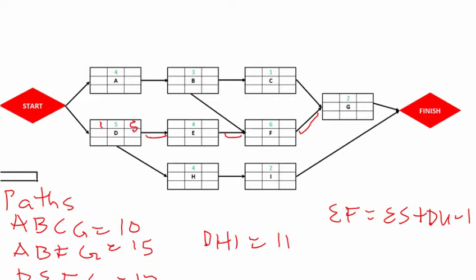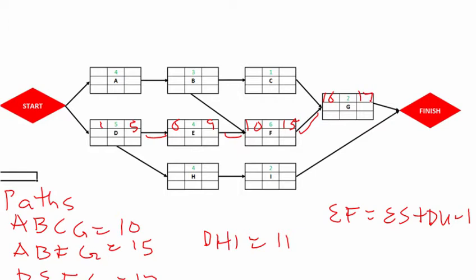Then this will now start on day 6, and if this is 6, this will be 9. And if this is 9, we assume this will start the next day, because unless otherwise stated, the relationship you see here is called finish to start. And so this is 10, this will be 15, and so this is 15, this will be 16, and of course you have 17.